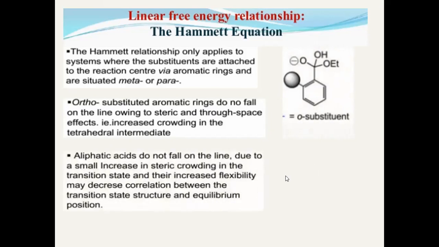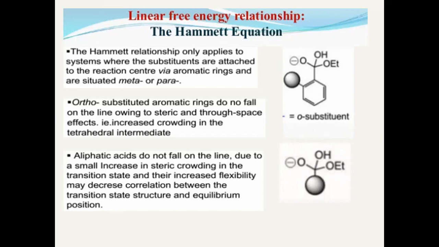Next point is that aliphatic compounds also do not fall in the study of Hammett, again because of steric crowding, according to Hammett. And also in the transition state, if aliphatic compounds are there, with their flexibility there is no chance of a relationship in the Hammett equation, the equilibrium structure reactivity relationship.